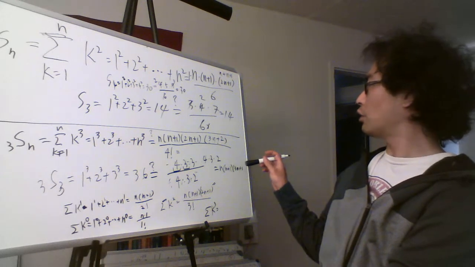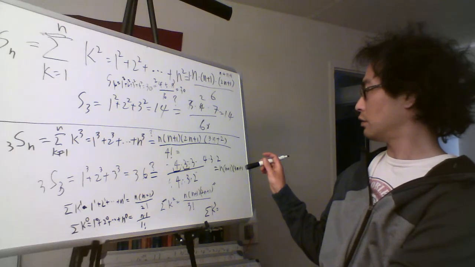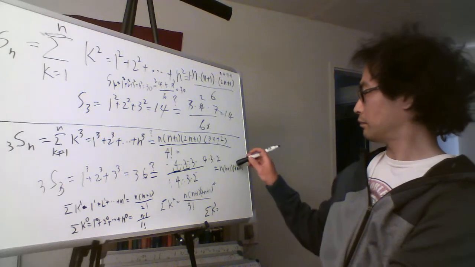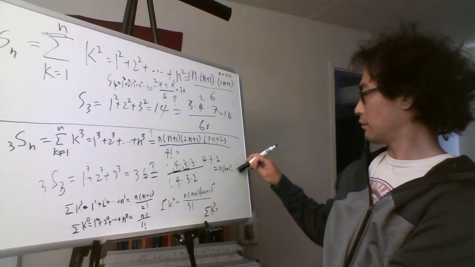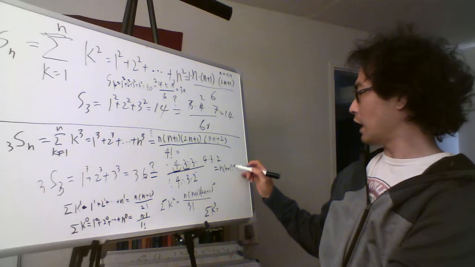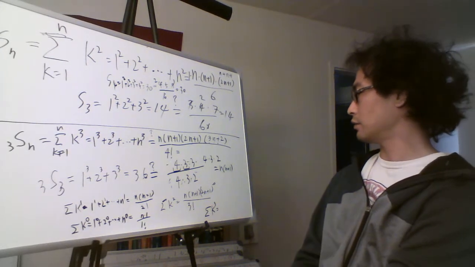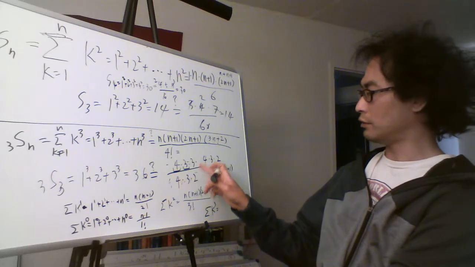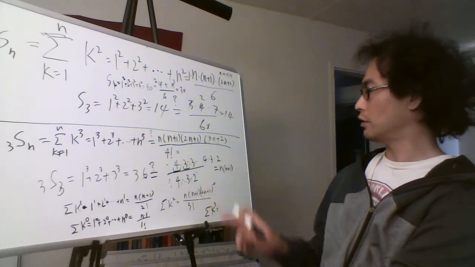We need 2 more terms, okay? So we are designing a function, okay? So n is equal to 3, so n plus 1. We got that.